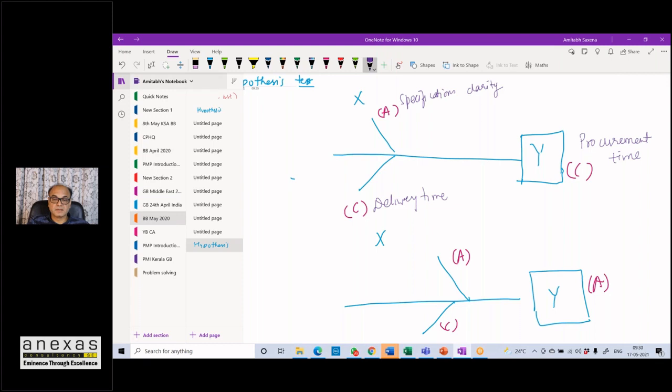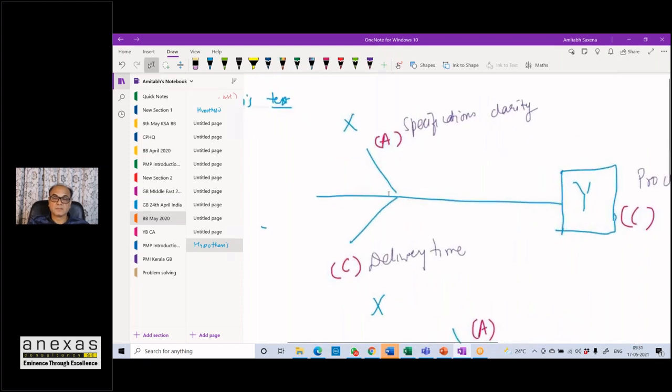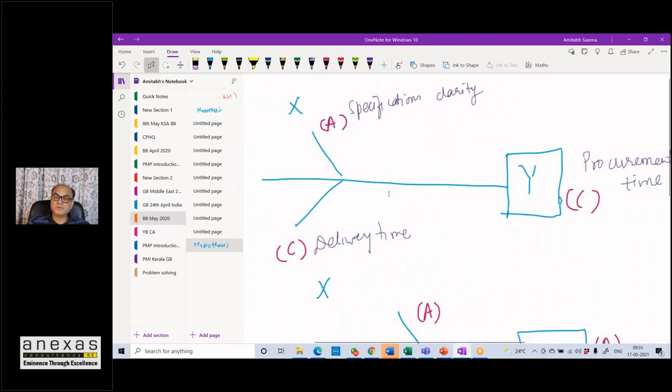Now, if I'm looking at continuous y and attribute x, usually what I do, I find the 2 or 3 categories. And here specifications were clear and they were not clear. And then we were looking at, is clarity impacting?